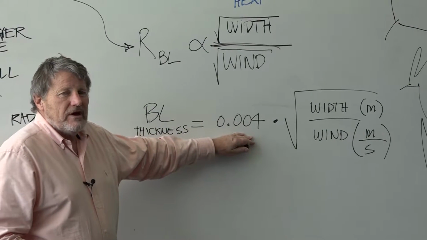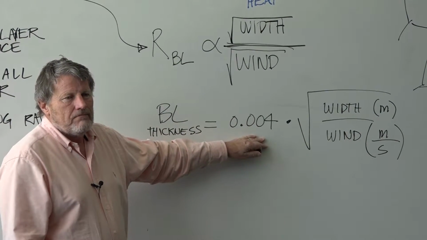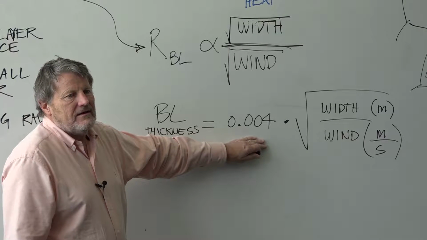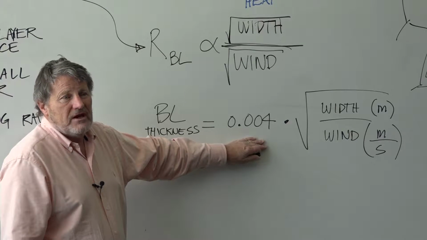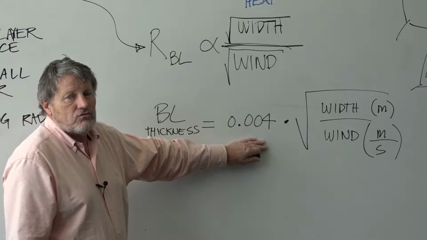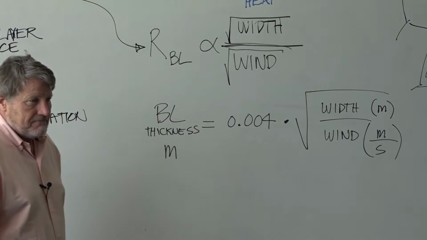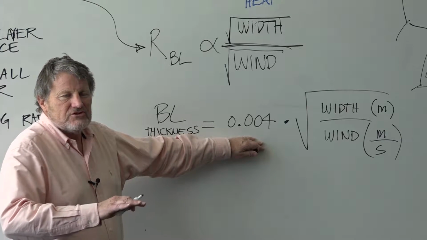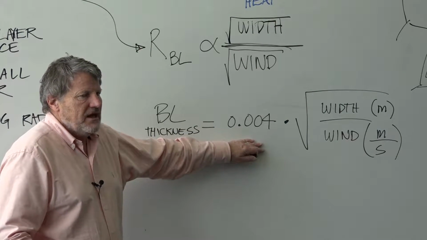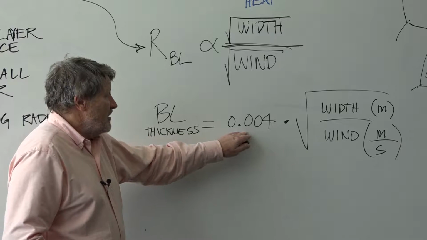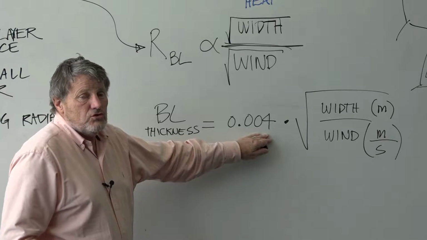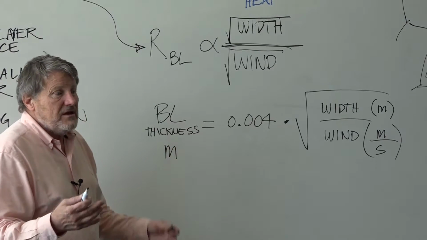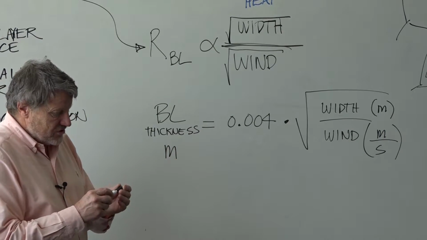So what's this number right here? Why is that 0.004? This is a variable coefficient depending on surface roughness of the object. If it's some polished metal, it's a different coefficient. This can vary over a factor of 2, 0.002 to 0.008 even, depending on how rough the surface is.